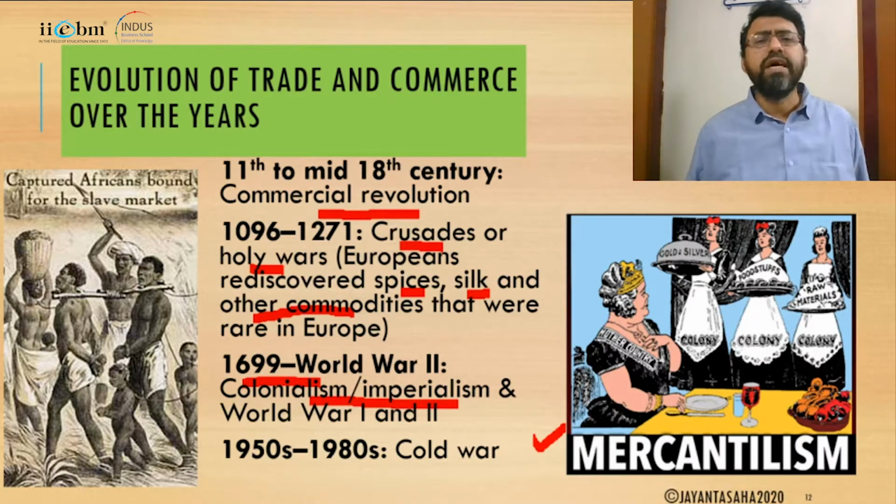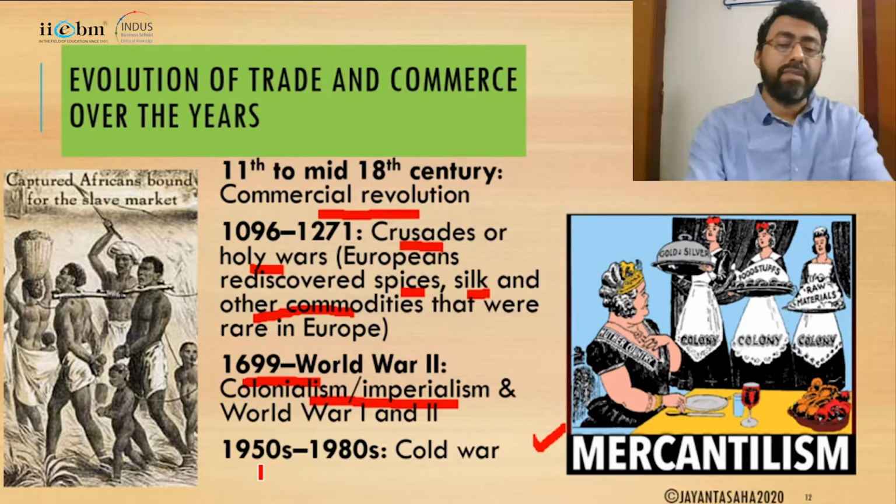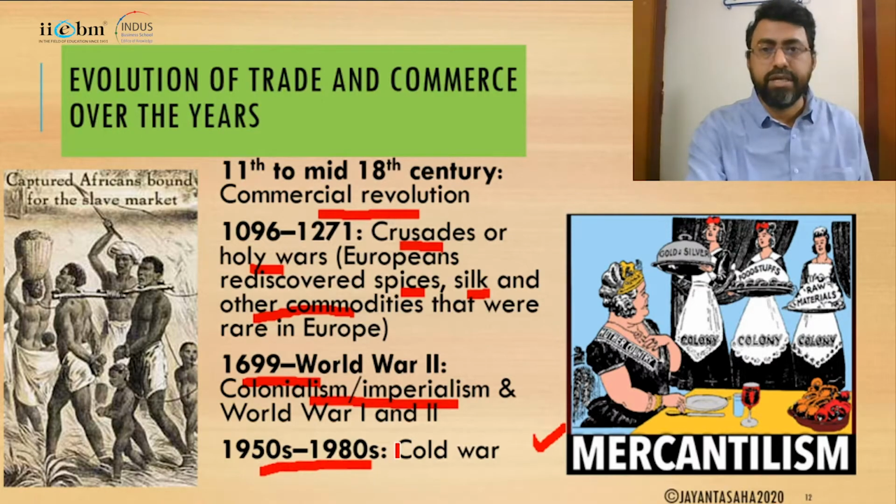So almost 200, 210, 220 years we have mercantilism and this kind of trade prevailing. Post Second World War, you have what is known as the Cold War era, and this is another phase in trade and commerce, right?